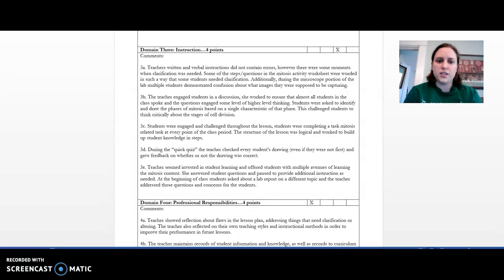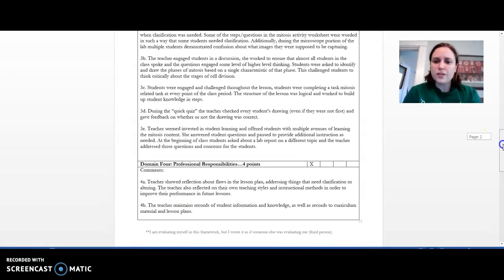They were unsure of what they should be doing. So with that, I need to work on either how I deliver my instructions or my wording when I deliver those instructions to make sure I have maximum clarity with the students. But aside from that, students were engaged, and I was also providing many different avenues of learning for students to learn the mitosis content.